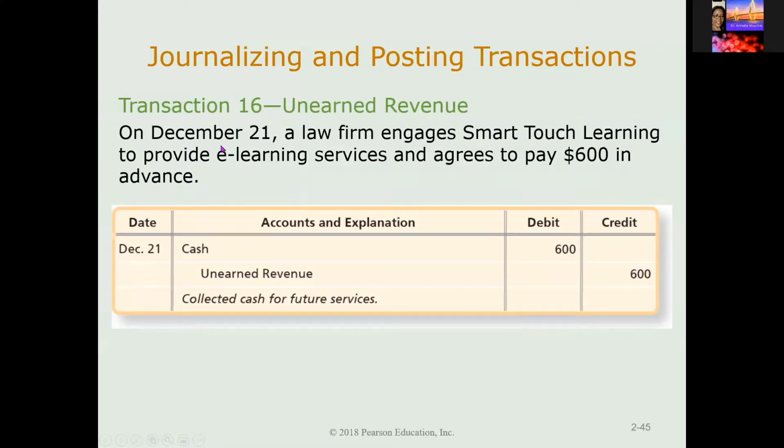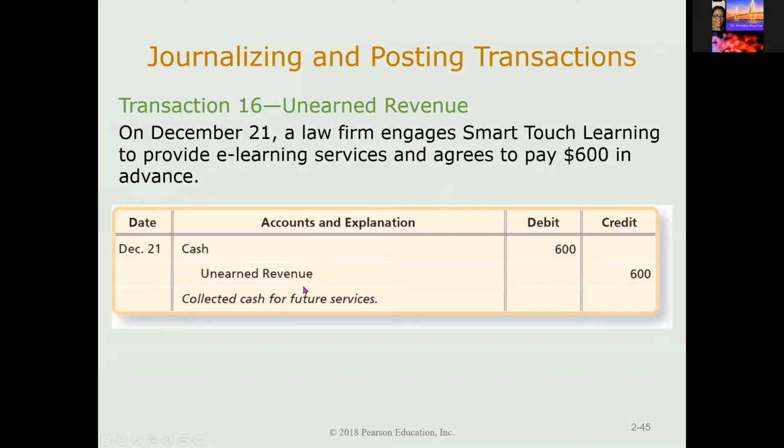Transaction 16, unearned revenue. On December 21st, a law firm engages Smart Touch Learning to provide e-learning services and agrees to pay $600 in advance. So we have two accounts here. You have your cash, and then you have your unearned revenue, which is a liability.